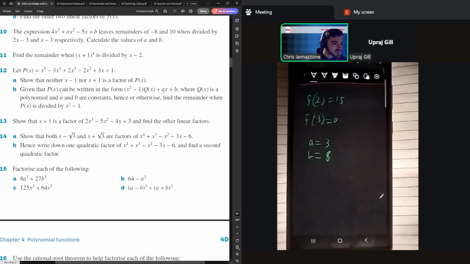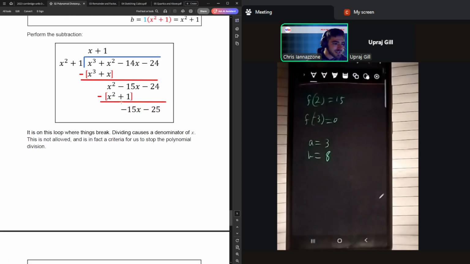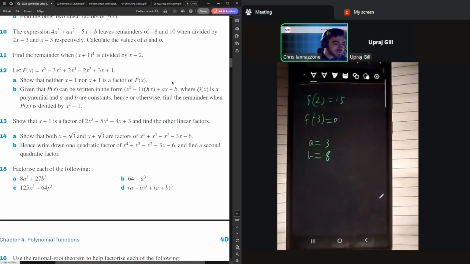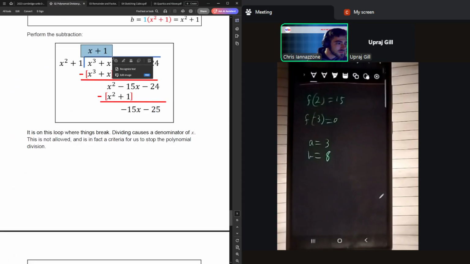In fact, I just realized it doesn't even say find A and B, it just says find the remainder. So that would have just been the answer anyway. But if you did have A and B, you'd be like, okay, negative 15 is A, negative 25 is B. Cool. And what's the Q of x thingy? It's just going to be whatever the quotient is at the top. So it would be this in this example.